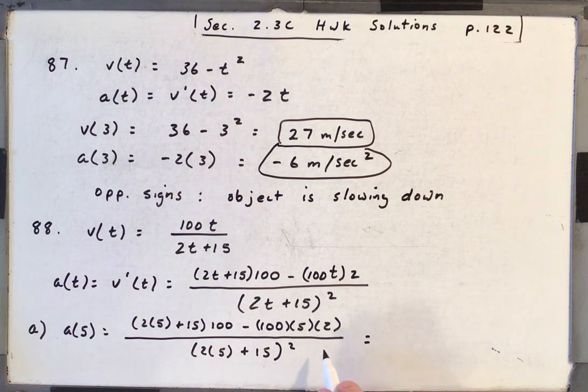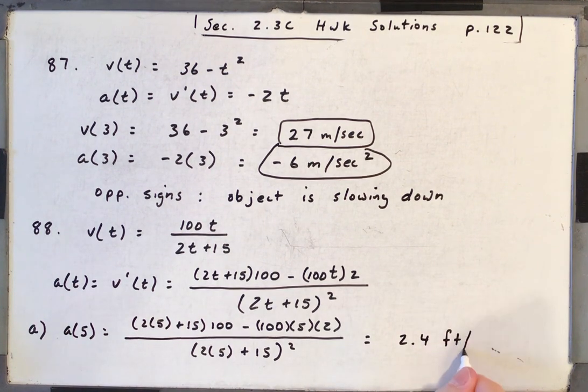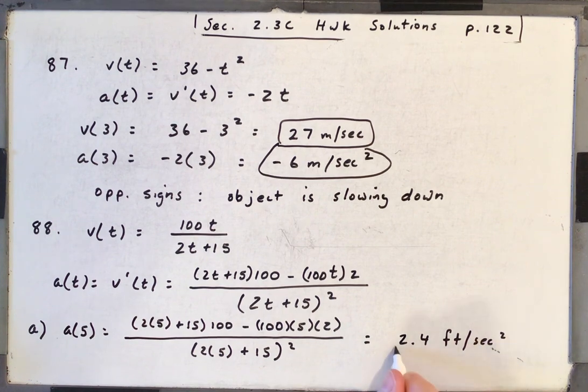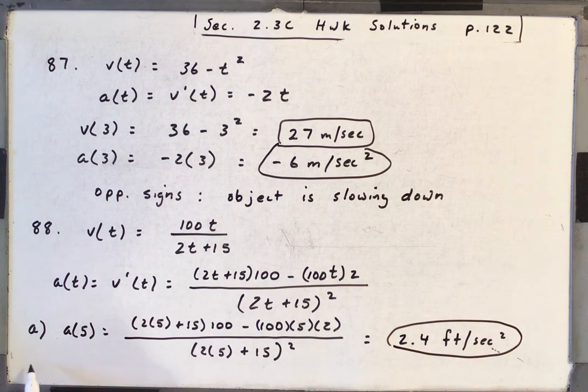That's a lot to put in your calculator, but if you do it right, you'll have 2.4 feet per second squared. And then for part B, you would plug in 10. So put a 10 instead of a 5 in all those spots, and that's going to be 1.22 feet per second squared.